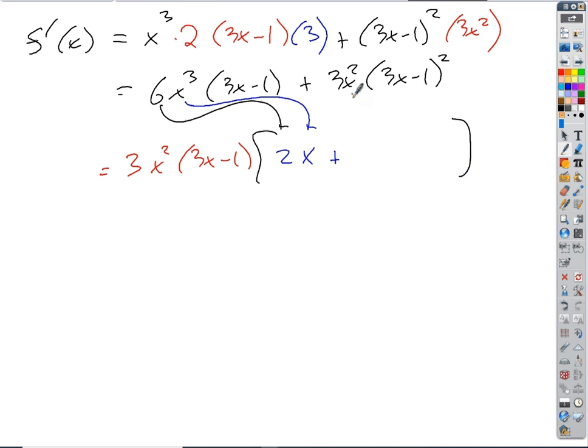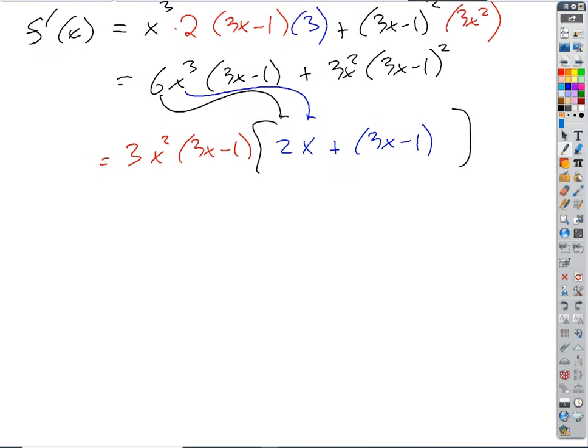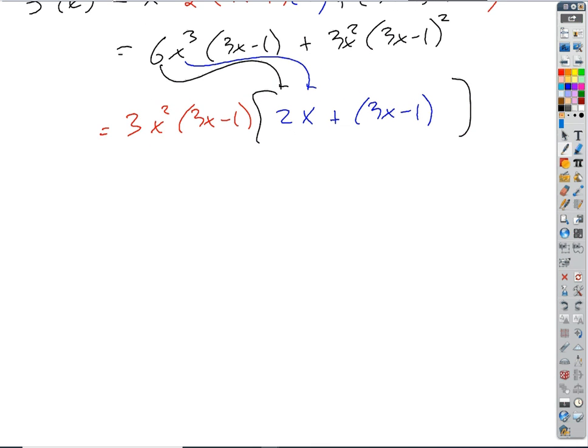Plus, here I'm gonna get, those go away, and I just get a 3x minus 1. And so there are some advantages to this, right? It's factored now, isn't it? Okay, so we end up with a final answer. We've got 3x squared times (3x minus 1). If I simplify this, I just get 5x minus 1. And it's factored for me. My derivative is factored. Okay?